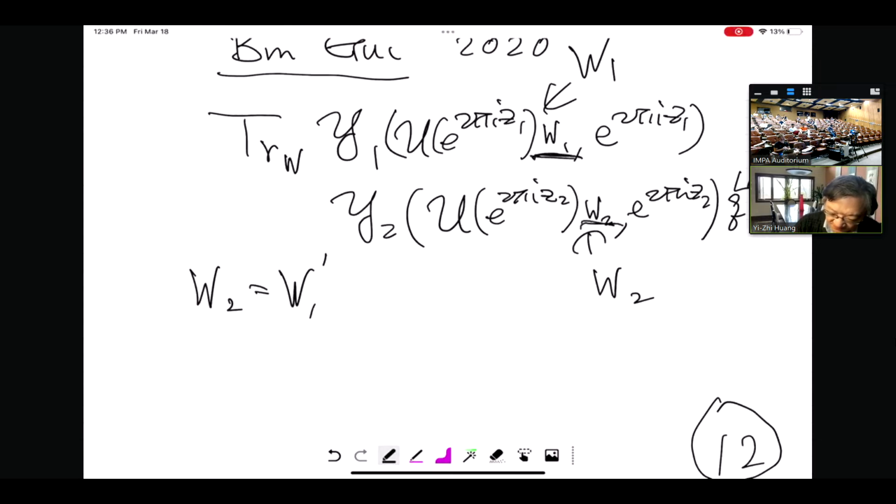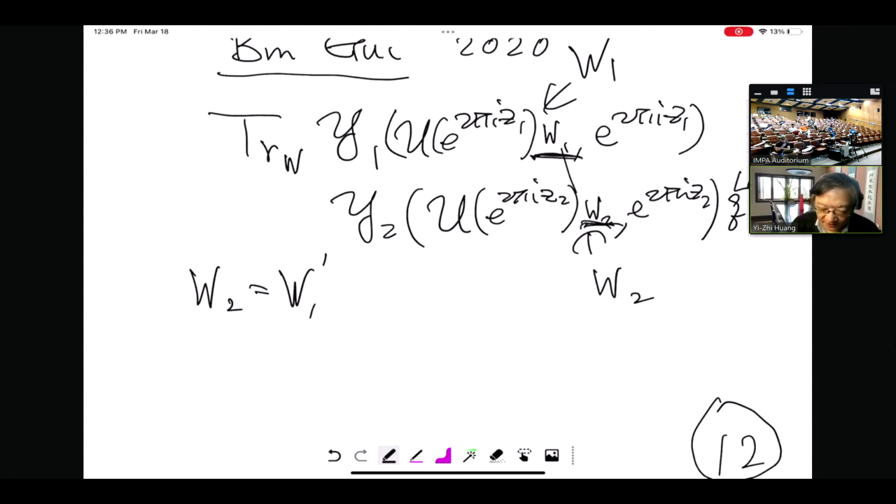For W1 you put a basis, and for W2 you put a dual basis, and then you take the sum. So this is another trace. This trace corresponds to a genus 2 Riemann surface. So if you want to study such high genus theory, you have to first prove this convergence. So this is another convergence one has to prove.